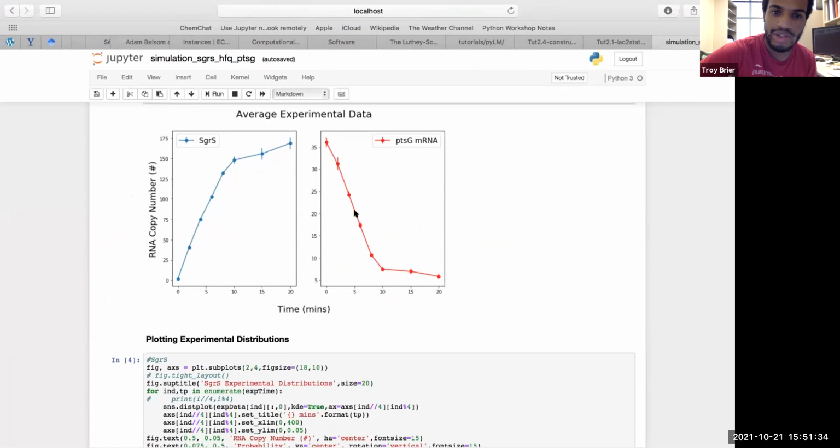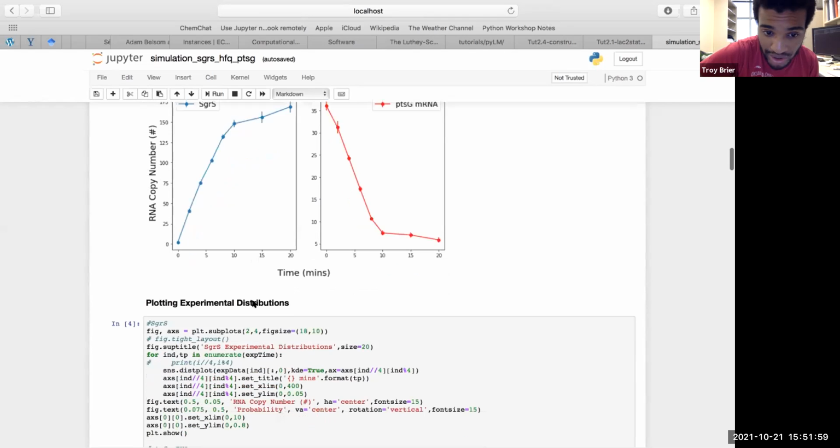Why this is so important is that with the super resolution imaging approaches that are used, a lot of this is done and describes biology typically on an average. What you have here is the SGRS count across 20 minutes and the PTSG count across 20 minutes after the sugar shock is induced.